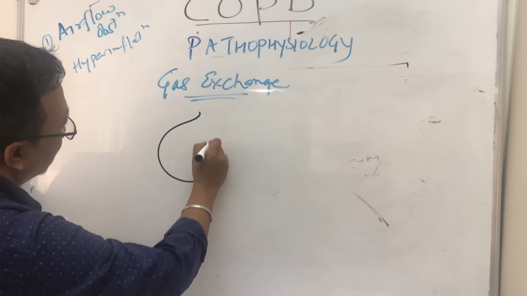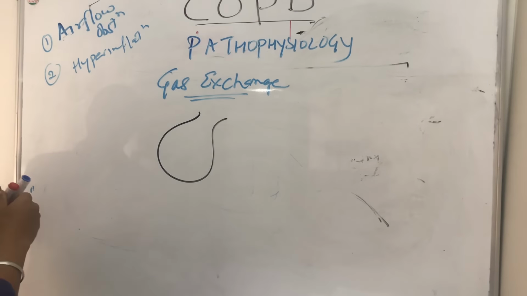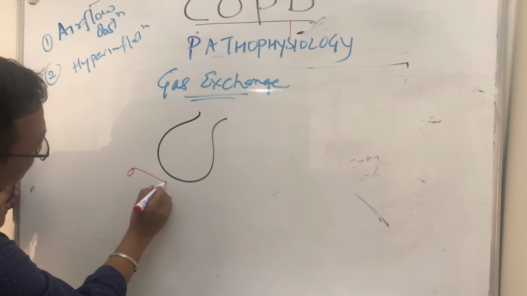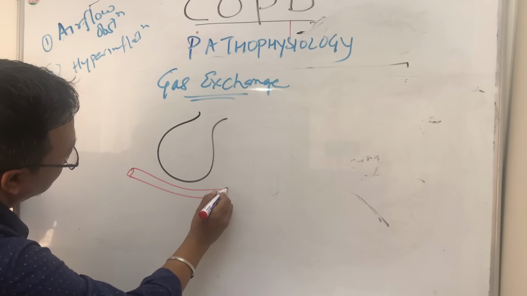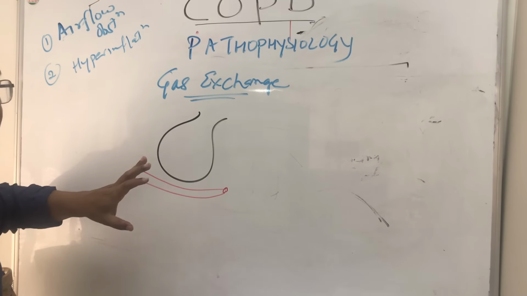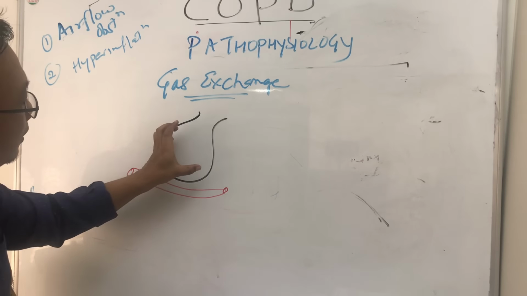Now this is the alveoli, and this is the blood vessels. In COPD, in emphysema it cannot recoil, so there is air trapping. Or if this is bronchitis, we know there will be obstruction.